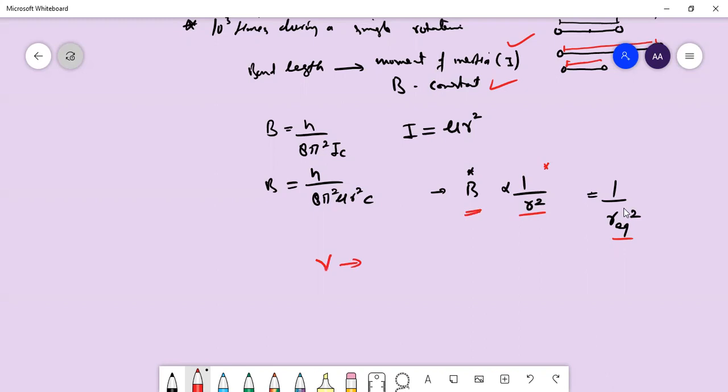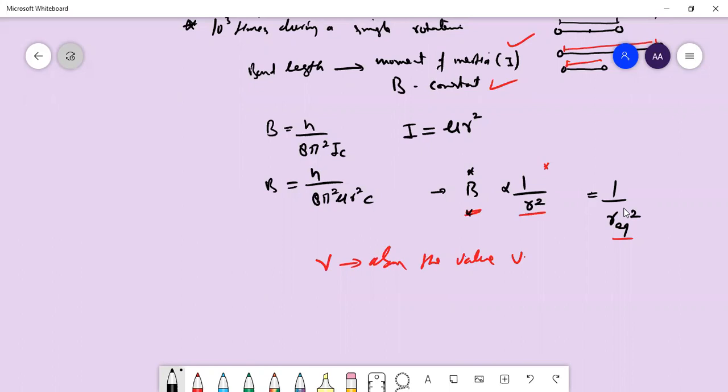So the value of B also depends on the vibrational quantum number. If you increase the vibrational energy, what will happen? The amount of transition increases, meaning the probability of transition will also increase. It means more and more molecules will go to the upper level. So the vibrational energy is also affecting the value of B.